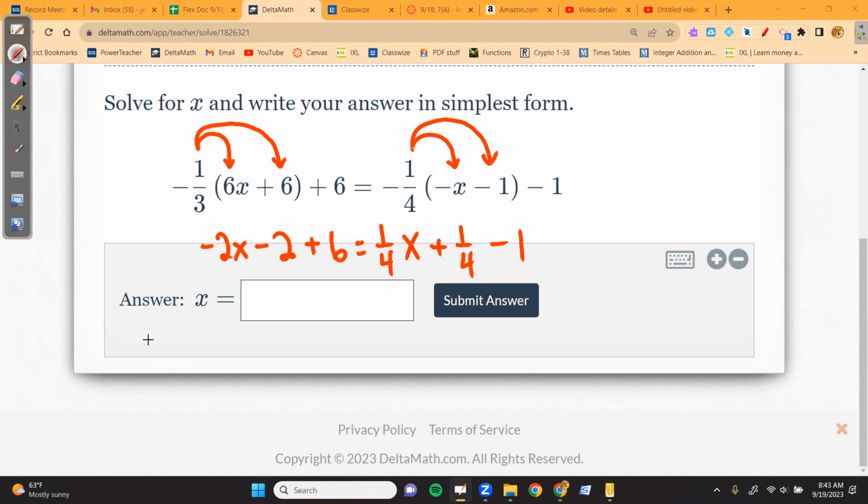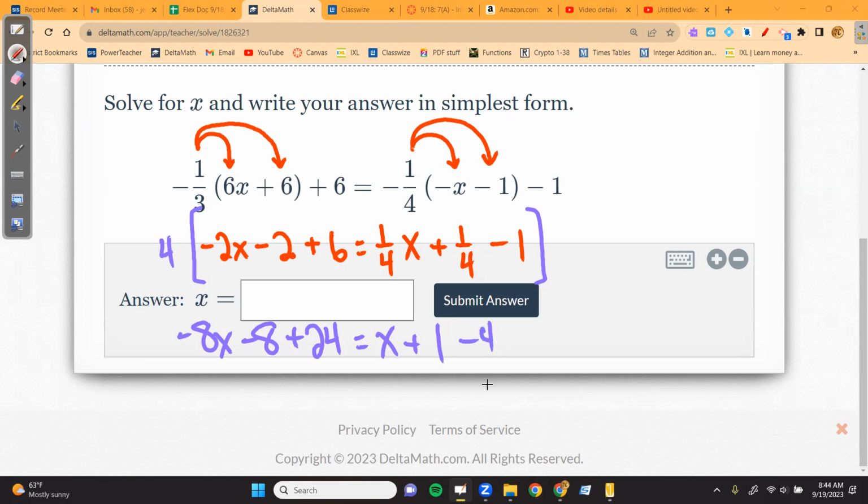If you made it this far, I would be surprised if you then missed the problem from here, because what happens now is we kill the fractions and we just multiply this whole equation by 4. How many places is the 4 going to hit? All 6, right? Everyone is out and exposed. And so the 4, here I go, I'm going to get -8x - 8 + 24 equals 1x plus 1 minus 4, excuse me.